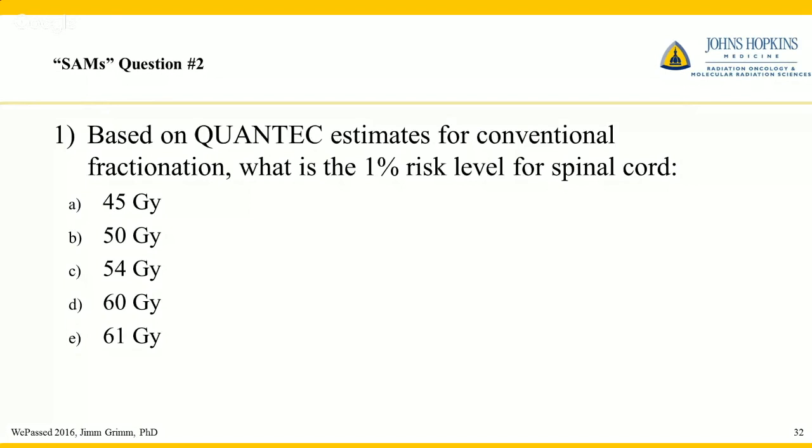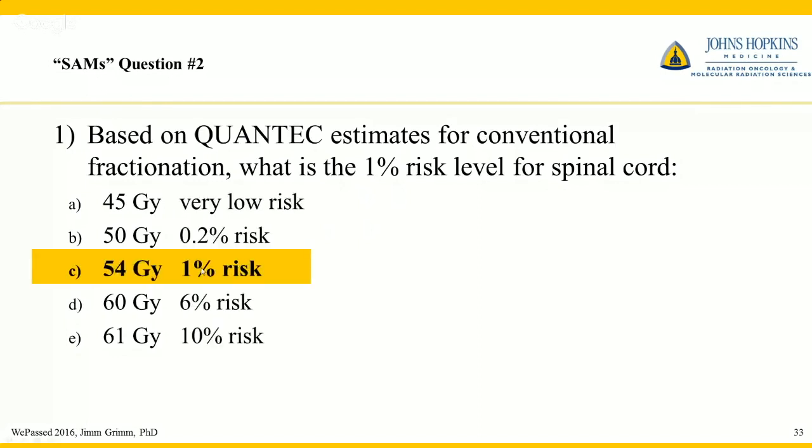All right. Well, it looks like most people have had a chance to weigh in for the poll. Okay. So why don't we get back to the poll and see how everyone did. Okay. So 60% got the right answer, and it's sort of evenly distributed above and below. So 54 gray, it's actually quite high. And even knowing this, I think a lot of physicians wouldn't go up to 50 gray.